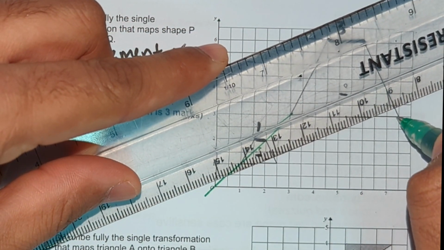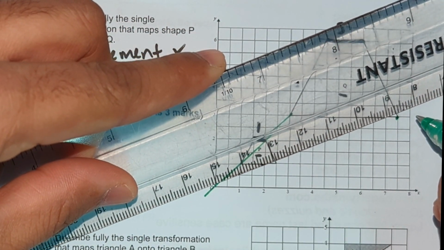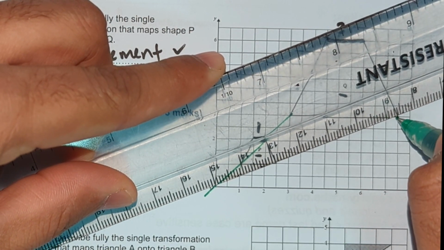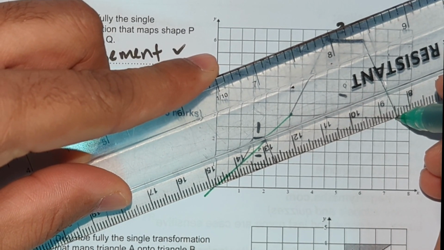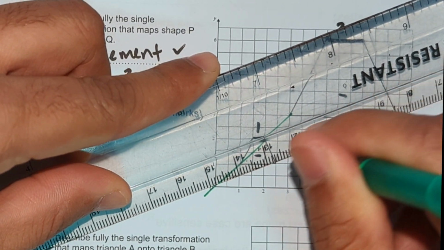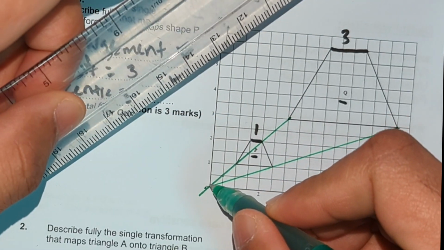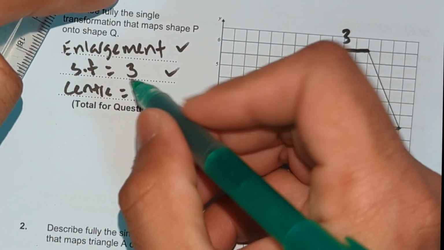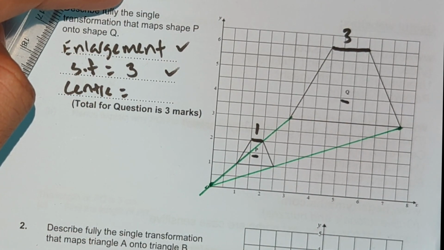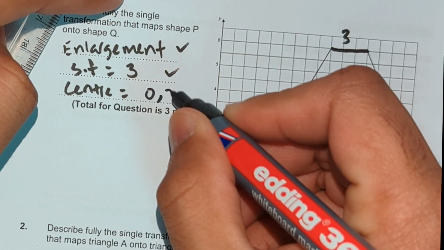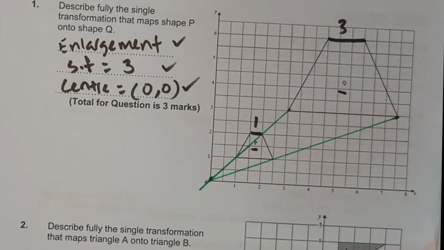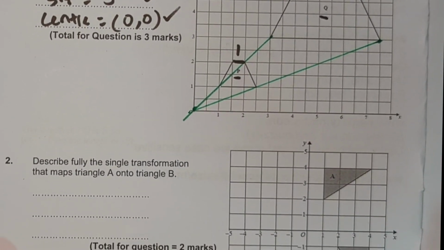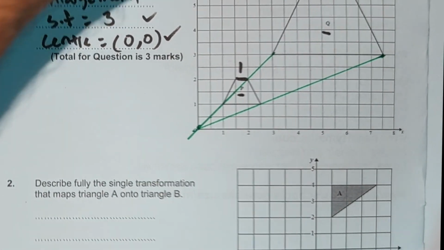We always need to look at just 2 lines, through the same points on the object and image, and you can see where they cross. They're starting from here, so the center is 0, 0. Use the coordinates in the coordinate system. So that's your third mark. These are exam style questions, not necessarily ones that have been in the exams.